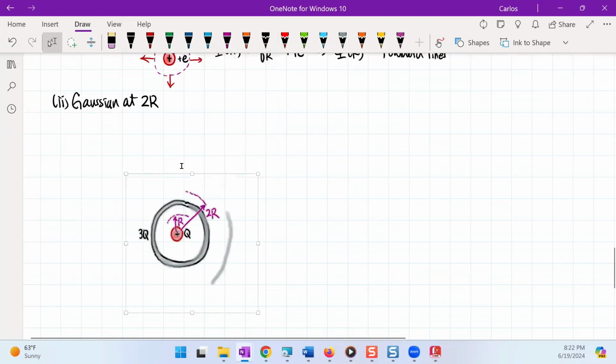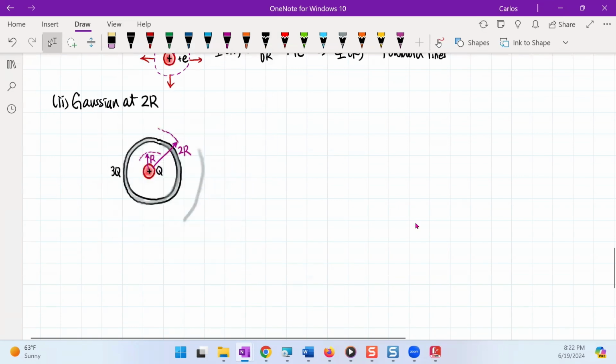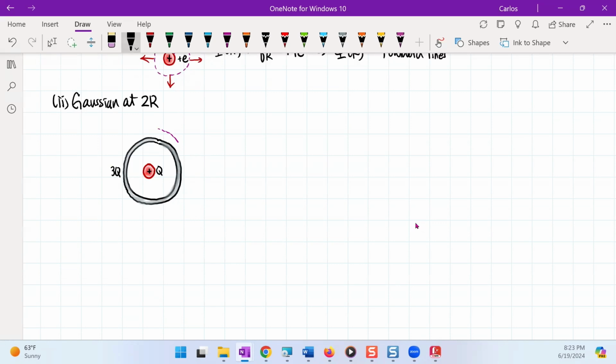Well, I see that I have some shells here, and I don't care about the inside one anymore. I only care about the one that's all the way down. So remember, I'm changing my Q values. So this is going to be minus 3e, and this is plus e. So now I'm going all around, and I'm enclosing all of the charges here.